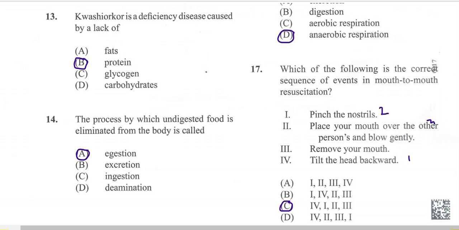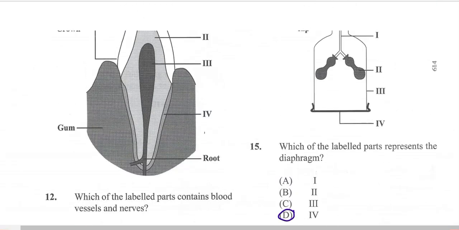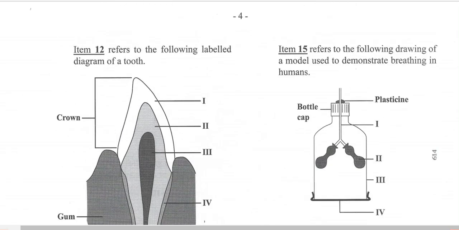So number 15 reads, a nice diagram here from your textbook. Item 15 refers to the following drawing of a model used to demonstrate breathing in humans. We're looking at a jar there, nicely labeled 1, 2, 3, and of course 4.